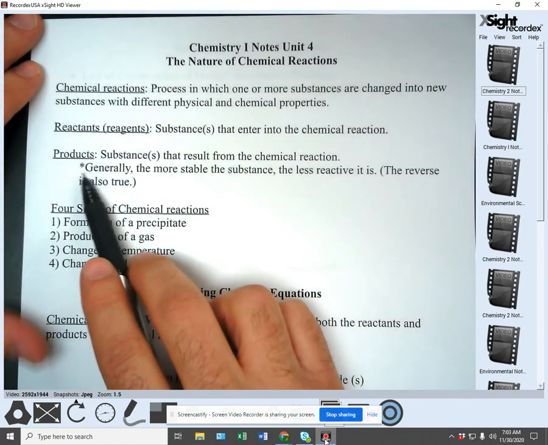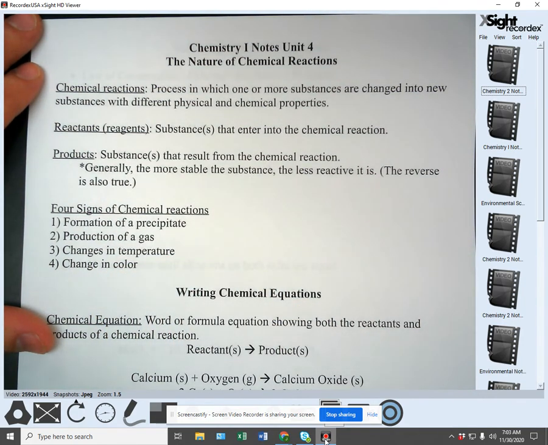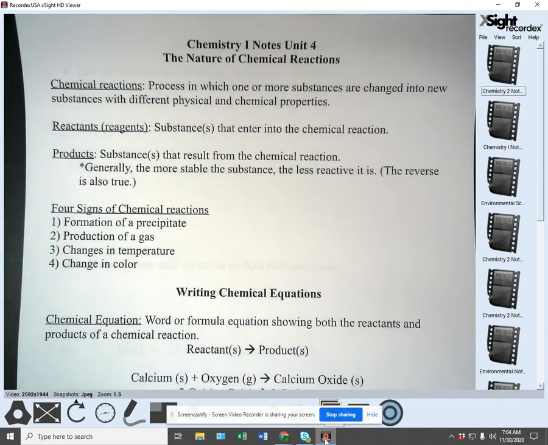In general, for a reaction, the more stable the substance, the less reactive it is. Also, the reverse is true. Take something like glass, for example. The reason we use glass to hold so many different substances is because glass is extremely stable and non-reactive. It does not react with much at all.